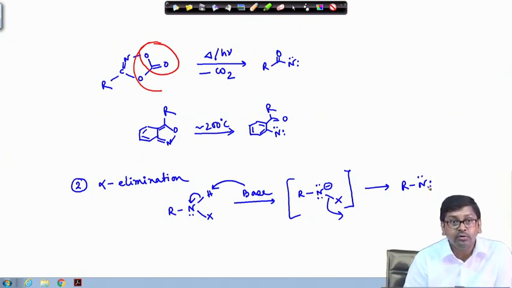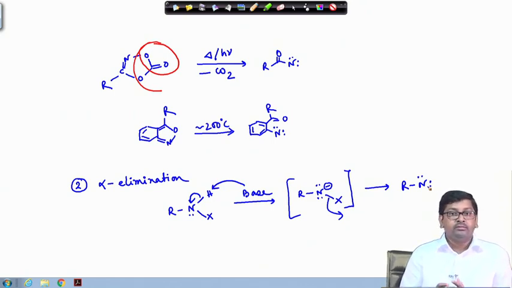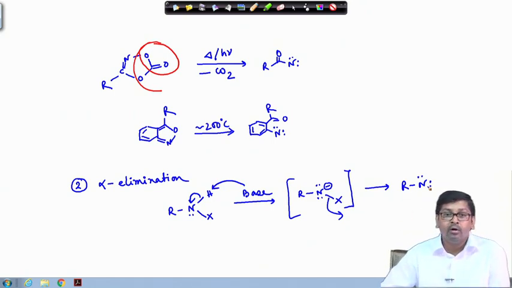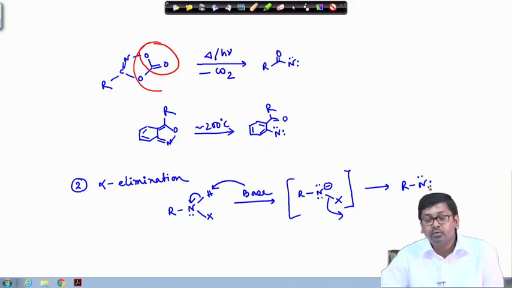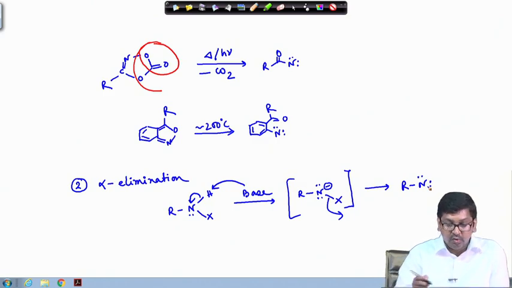Okay. So, this is another technique apart from the thermolysis or photolysis of the azides. This is another way that alpha elimination can be done to get the required nitrene moiety.